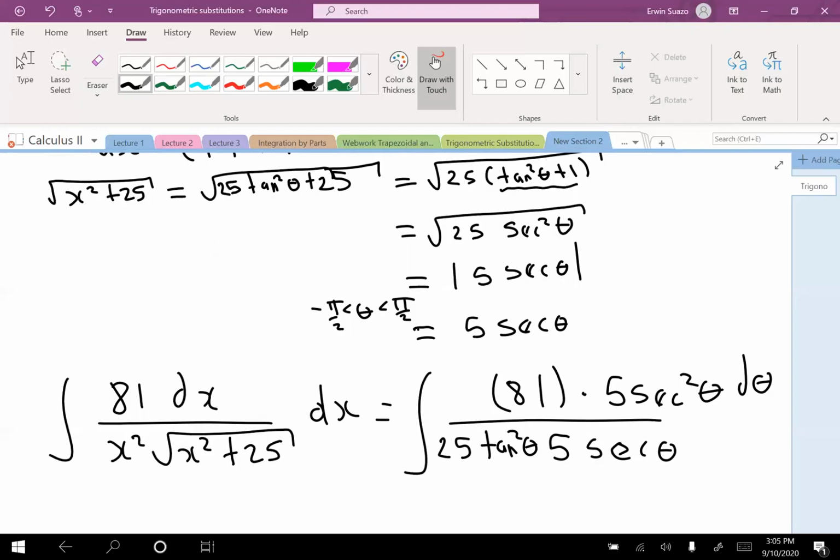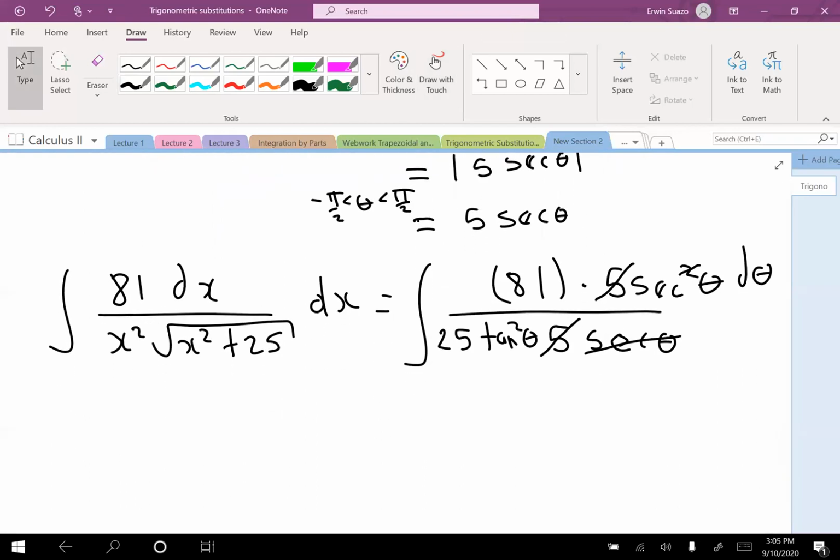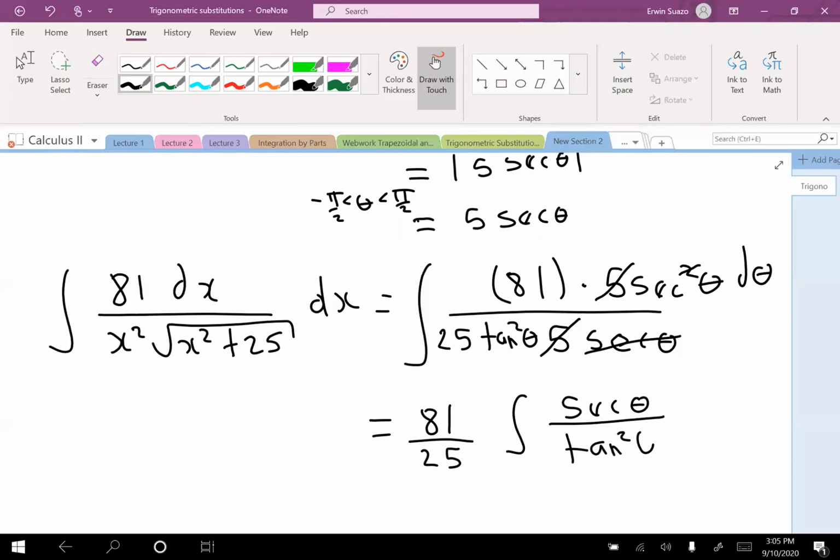So now this 5 cancels with this 5, this secant cancels with this secant squared, and then we get 81 over 25, and then 1 secant over tangent squared of theta d theta.